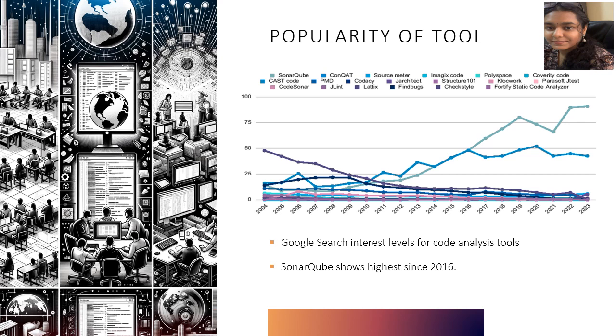Since 2016, SonarCube has consistently maintained the highest levels of search interest compared to its alternatives, as you can see in the graph. This enduring interest over the years is indicative of SonarCube's strong presence in the market and also its reputation as a leading solution in code quality management.